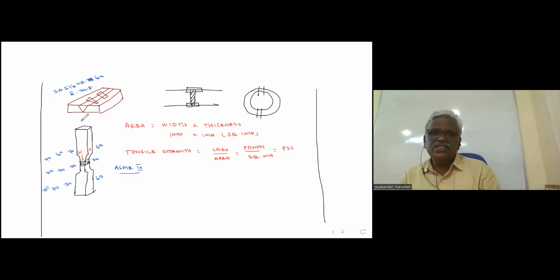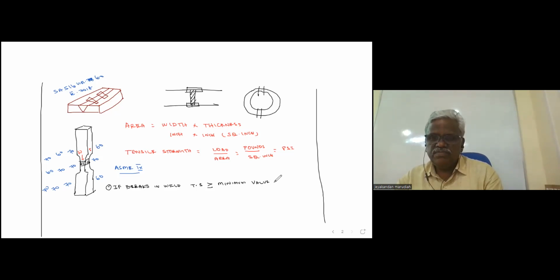Now the question is, what is the acceptance criteria as per Section 9? We have to check where it breaks. If it breaks in weld, the first rule: your calculated tensile strength should be greater than or equal to the minimum value of BM, base metal, or WM, weld metal.